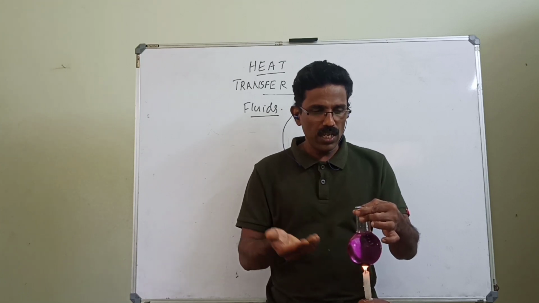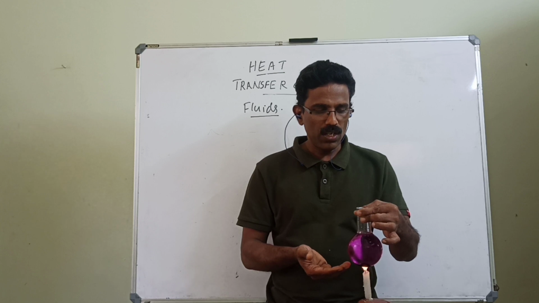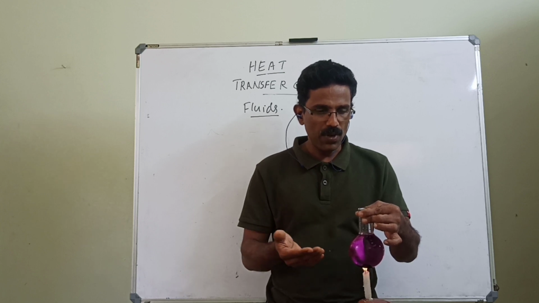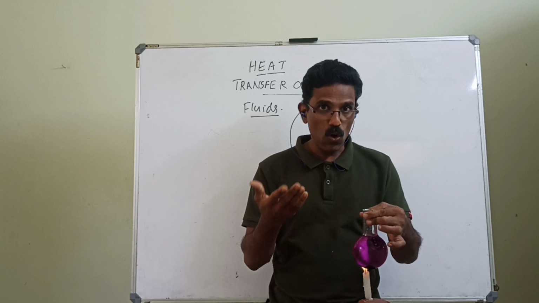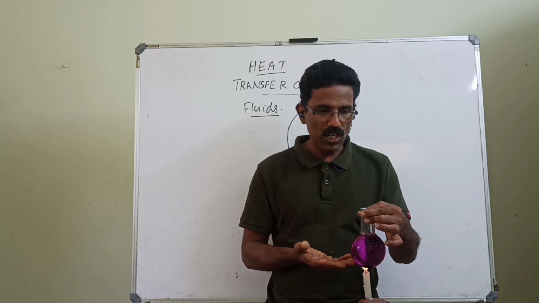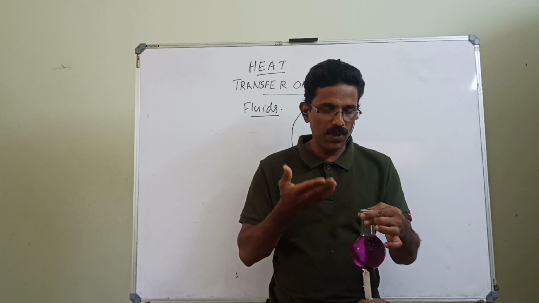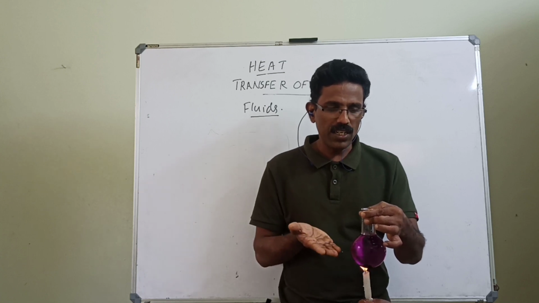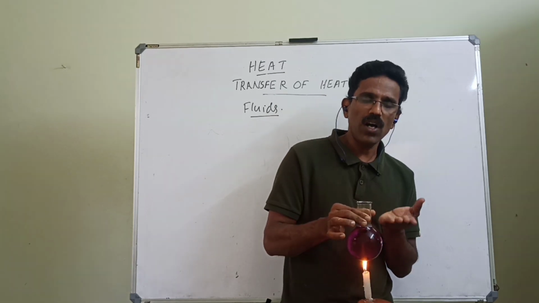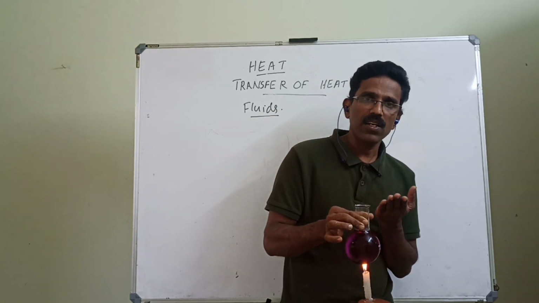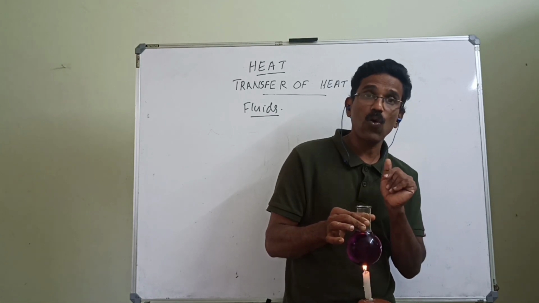When you are heating water at the bottom, the water at the bottom gets heated up and becomes hotter. So we can say the hotter fluid rises up and then it transfers heat to the colder surroundings. Hot water is lighter than cold water.